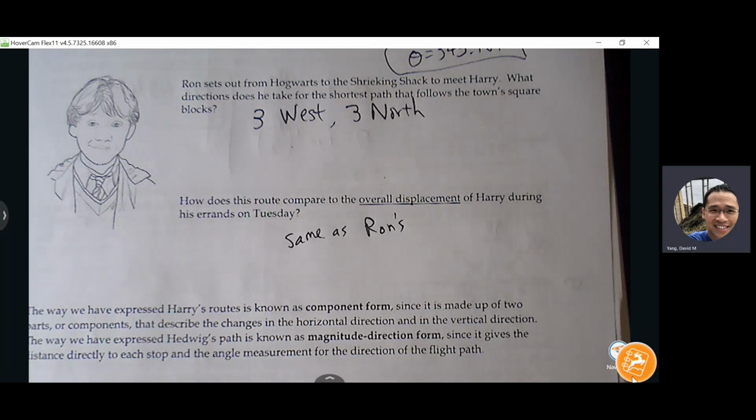Both will take you to your destination, but it's just given in different forms. Okay, so our classwork is just page 11, and we're just going through and finding each of the horizontal vertical component or the magnitude direction component.